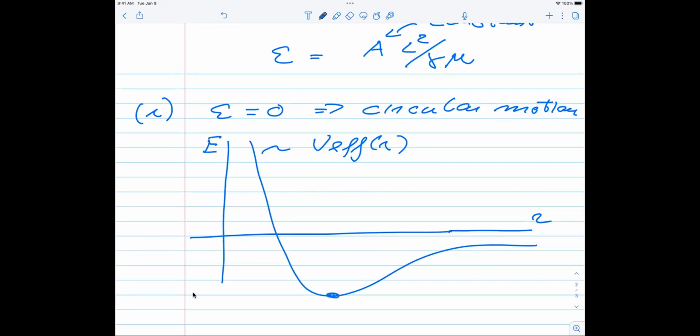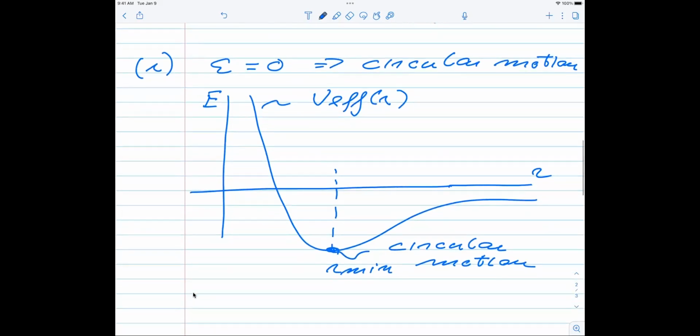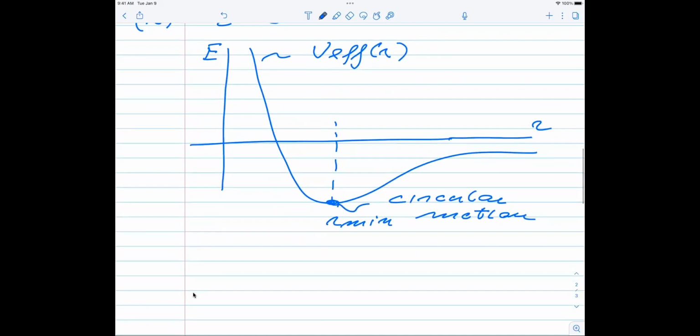And then we can find a minimum here, which corresponds to circular motion. And then we have an R min for circular motion here. And in that specific case, we can find this R min. How to find R min?